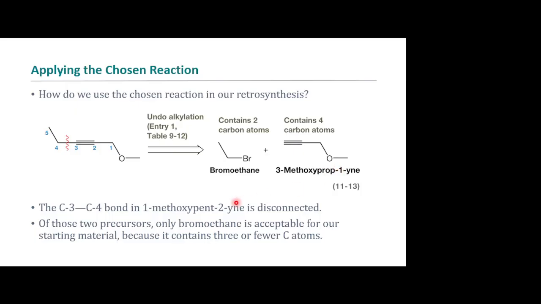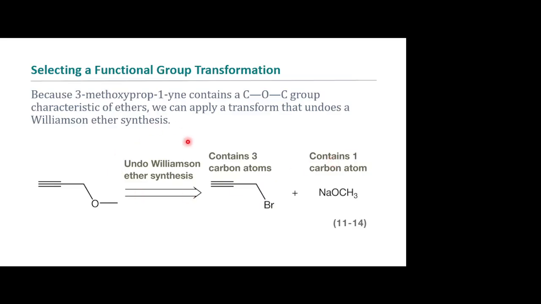So again, this right here is acceptable. We're good to go there. But we need to do something else for this, don't we? And that would be that oxygen. We can add that oxygen to our structure. So we can undo a Williamson ether synthesis as our next step.